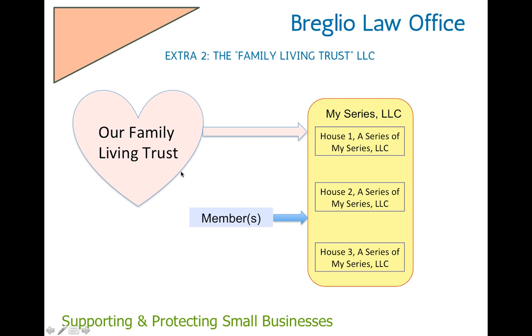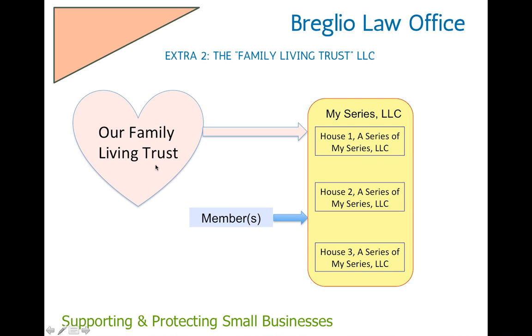And you can incorporate that family trust into your asset protection by making it a member of your LLC. Now, this LLC itself will have to go through probate because some of it is owned by the members as individuals.